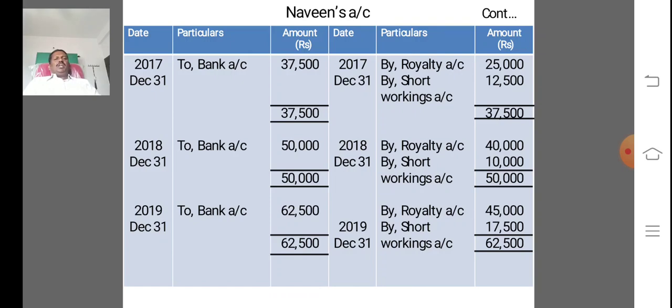Then 2018 December 31st, to bank account 50,000, by royalty 40,000, by short workings account 10,000, total 50,000. In the year 2019, to bank account 62,500, by royalty 45,000 and by short workings 17,500. The total is 62,500.